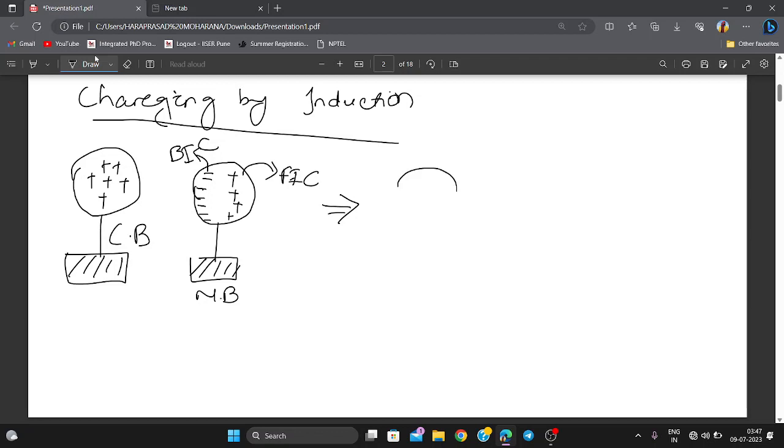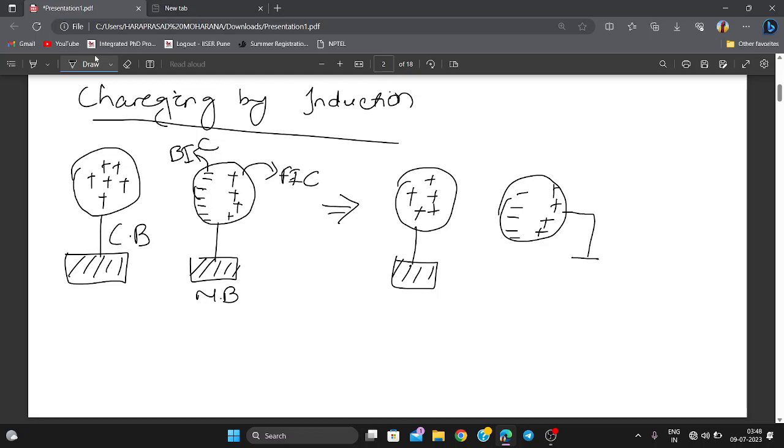Okay, so what happens next? This is the positively charged body. Now what I have to do is connect the negative side through earth. I have to give it proper earthing connection. So what happened?